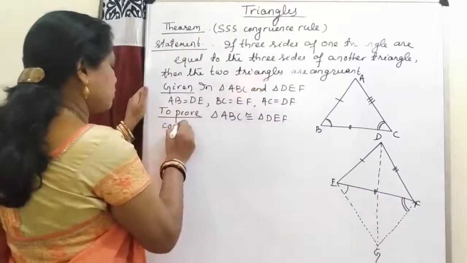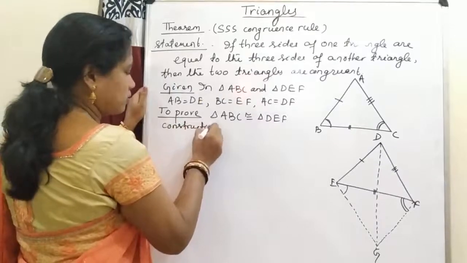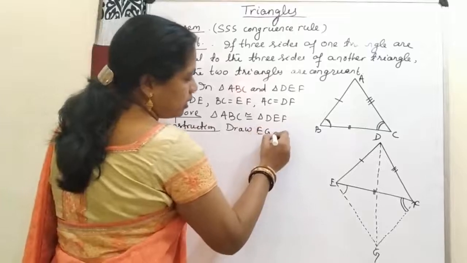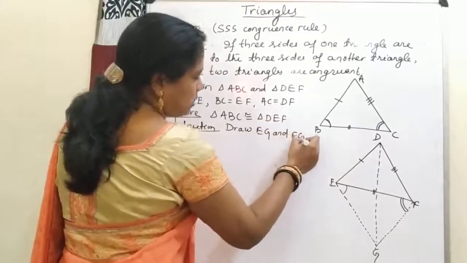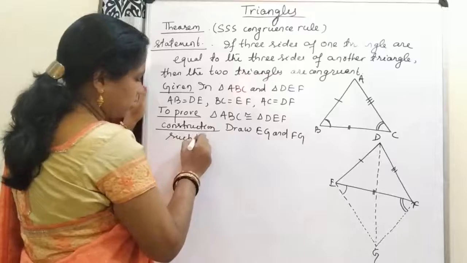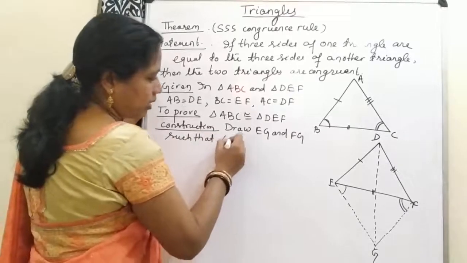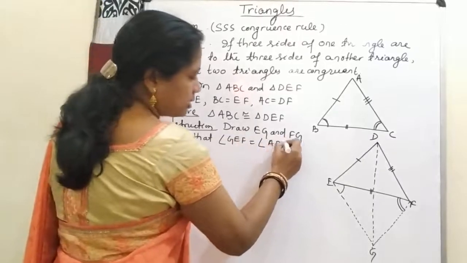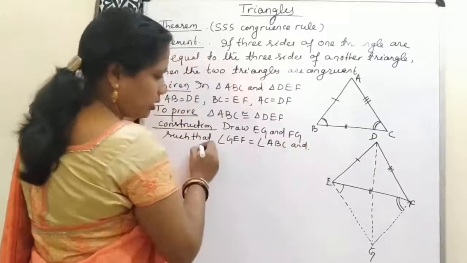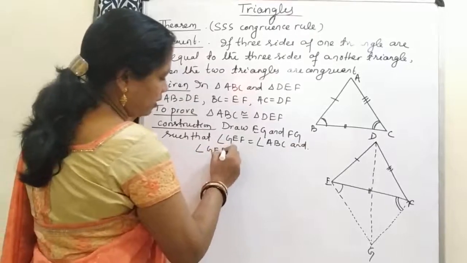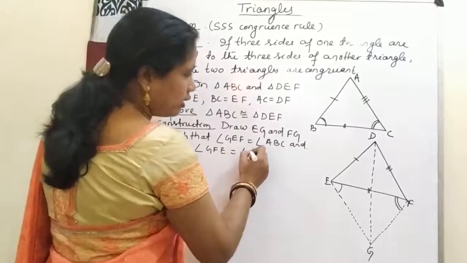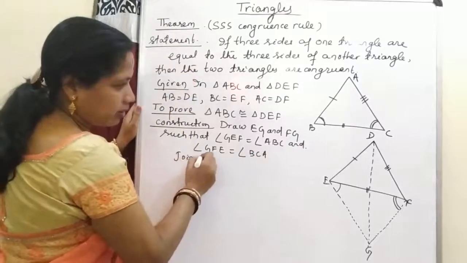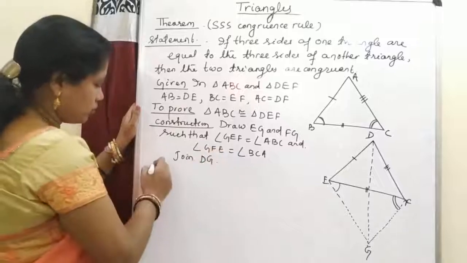Construction: draw EG and FG such that angle GEF is equal to angle ABC and angle GFE is equal to angle BCA, and join DG. Then we will prove.